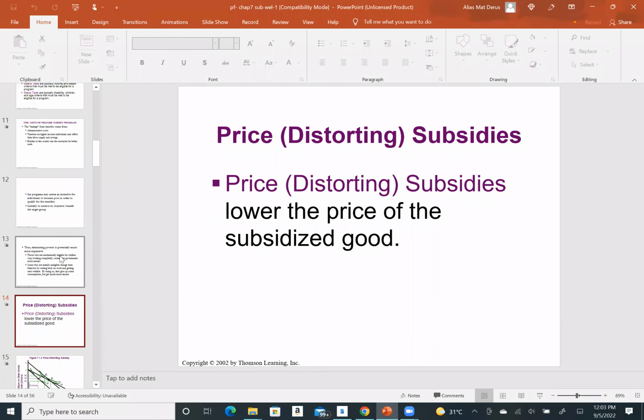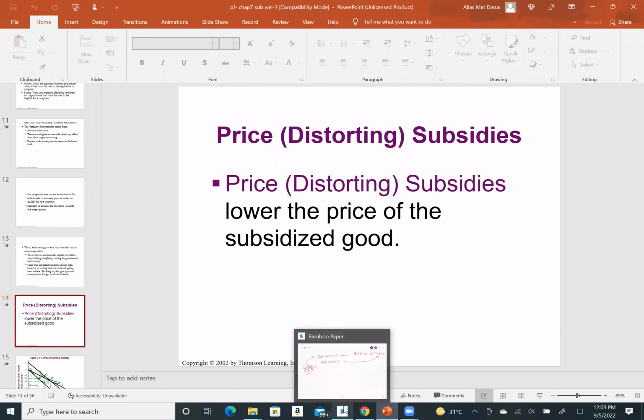Alright, so now what I want to do, we want to look at the subsidy and the effect of subsidy on the consumer. So we're going to use the utility maximizing framework in order to look at the effect of subsidy on the recipients.